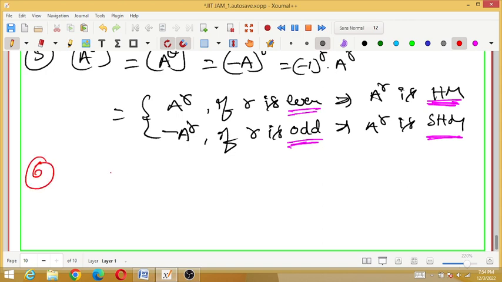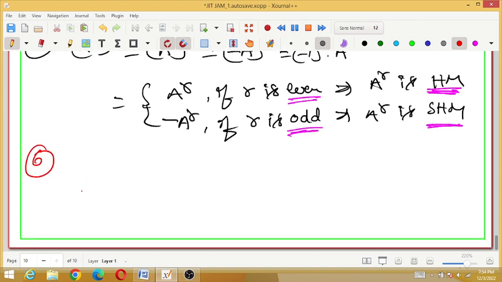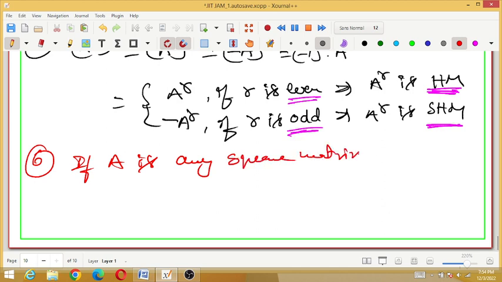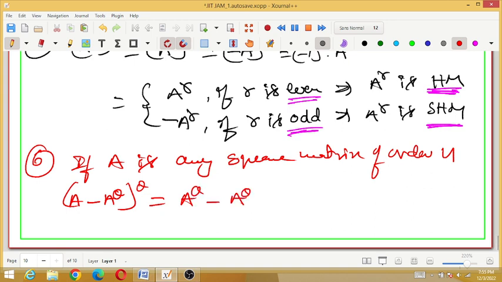Next property: if A is any square matrix of order n, then (A minus A^θ)^θ is equal to A^θ minus (A^θ)^θ.